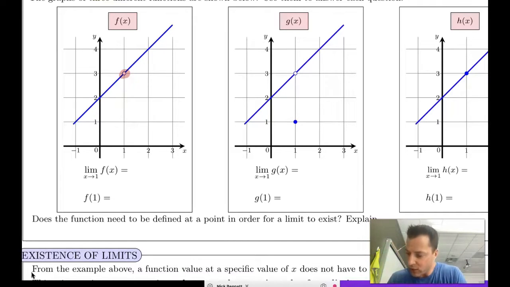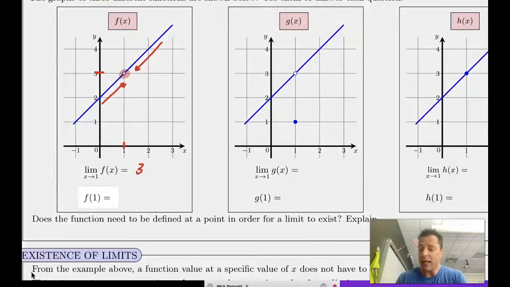So what I like to do is draw an arrow here. I'm going towards 1 along my x, getting closer from both sides, and I see that my y value is approaching 3. So that's my limit as x approaches 1.